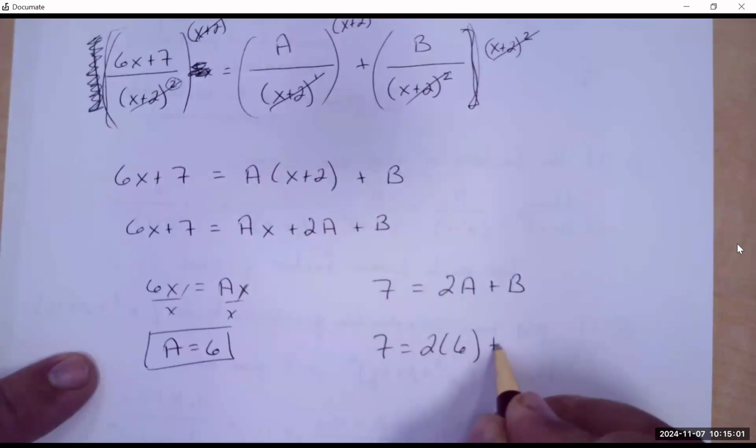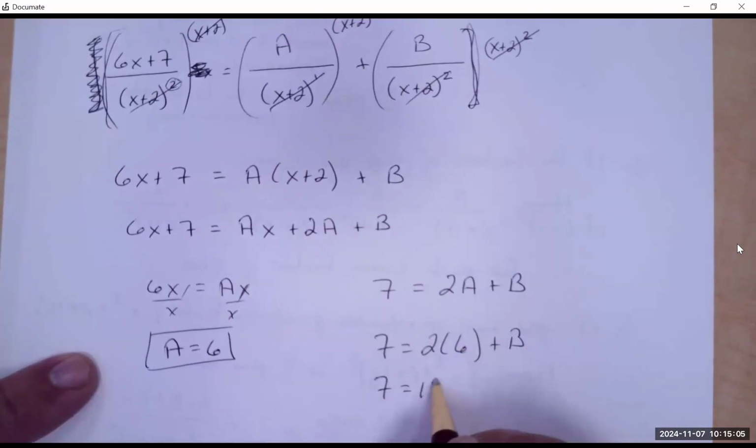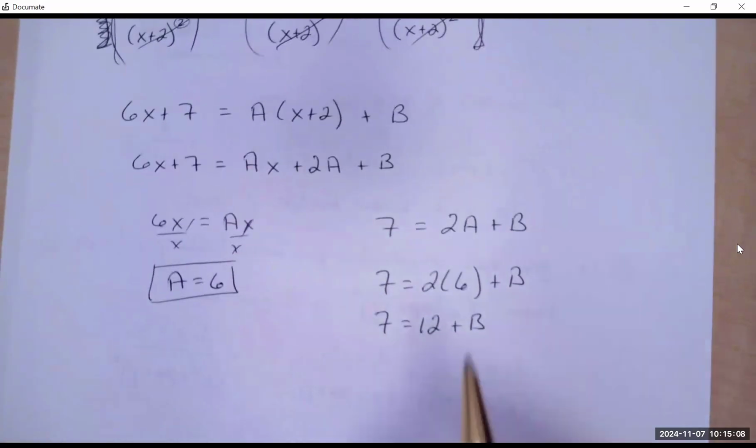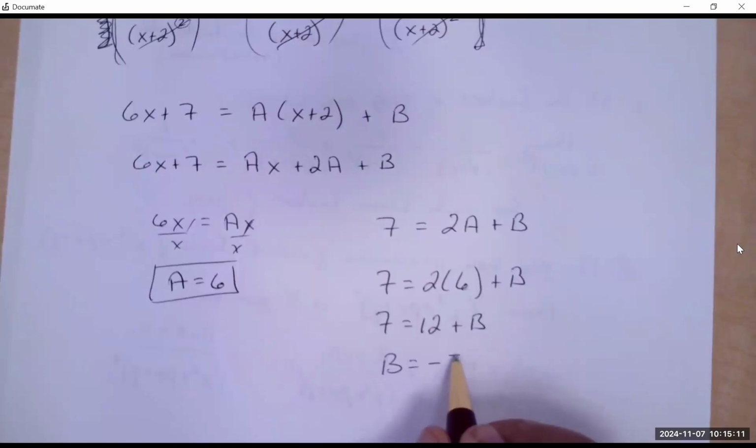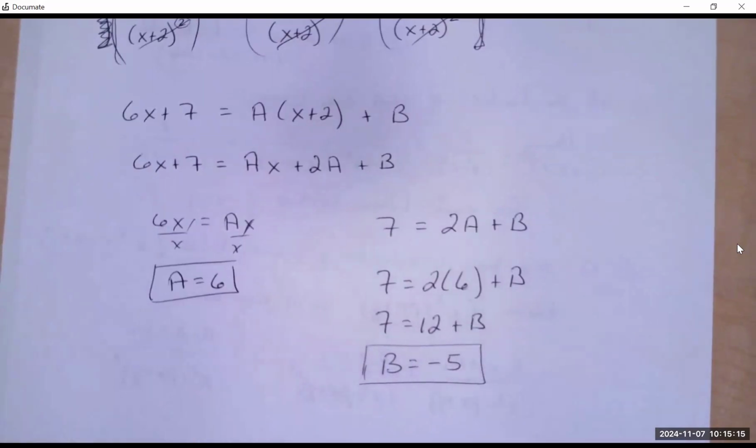So 2 times 6 plus b, so it's 7 equals 12 plus b. b is equal to -5. a is 6, and that's x plus 2. b is -5, x plus 2 squared. Oops.